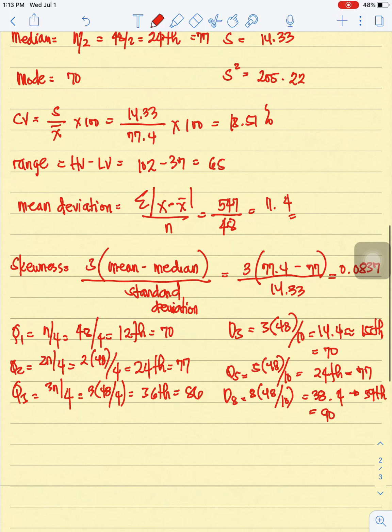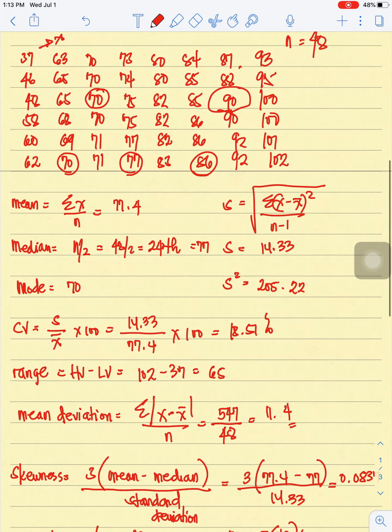Next, we have P10. That is 10 times 48 divided by 100, which is 4.8. So round it up again. This is the fifth value, and our fifth value is 60.